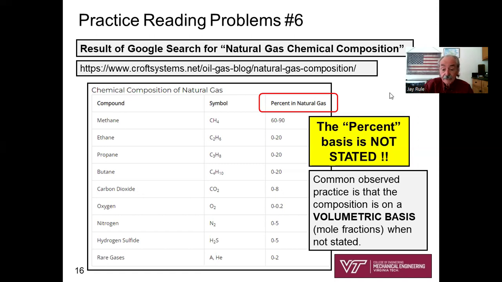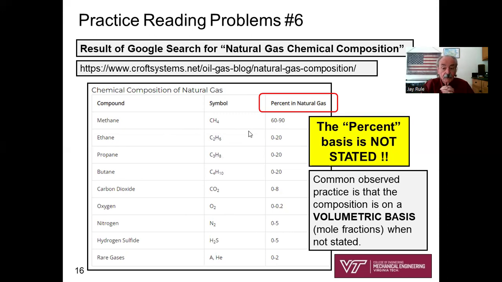I get a pretty nice table that gives me some ranges of a bunch of compounds that are commonly found in natural gas, what we buy commercially, natural gas from the street. A bunch of different compounds, a bunch of different symbols, and then it says percent in natural gas. And that's all it says. The percent basis for this Google search is not stated.